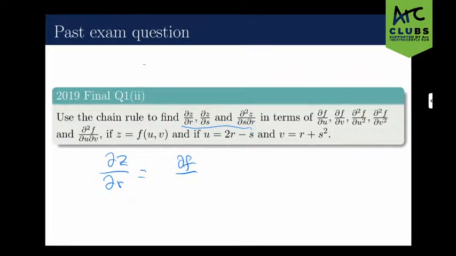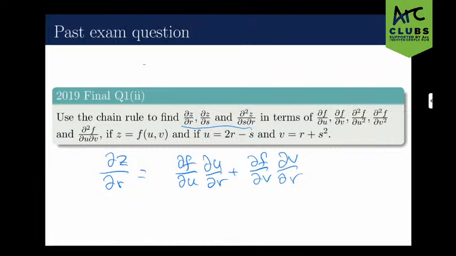I can first differentiate f partially with respect to u, and then multiply by du/dr, plus partial with respect to v times dv/dr. If f is a function of, let's say, 5 variables, I can do the same thing.